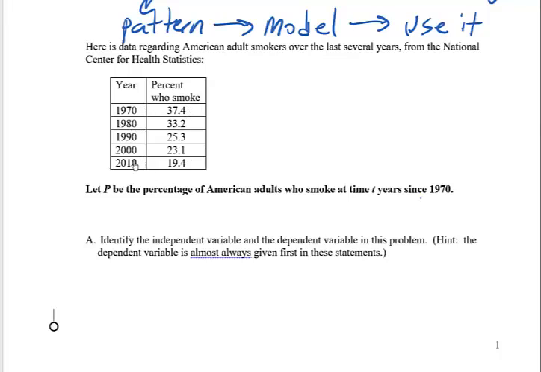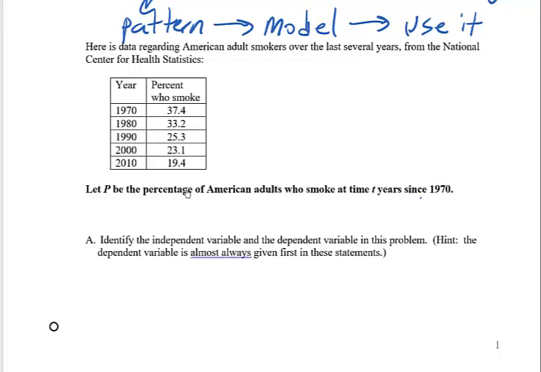You've got some years in the first column, and in the second column, the numbers represent the percentage of American adults who were smokers in those particular years. Of course, you can see just from glancing at the information, it looks like that percentage has gone down through the years.